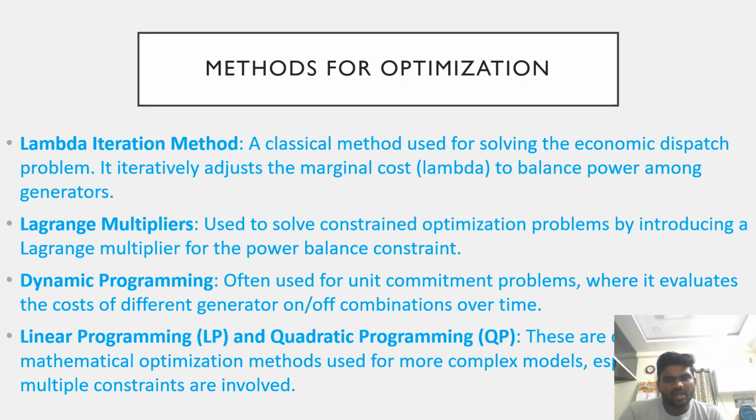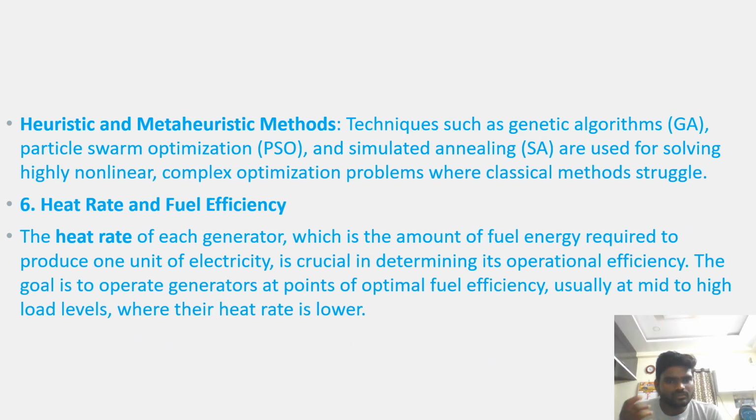So dynamic programming is often used for unit commitment problems, where it evaluates the cost of different generator on-off combinations over time. Linear programming and quadratic programming are mathematical optimization methods used for complex models where multiple constraints are involved.